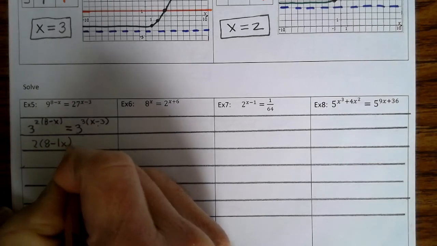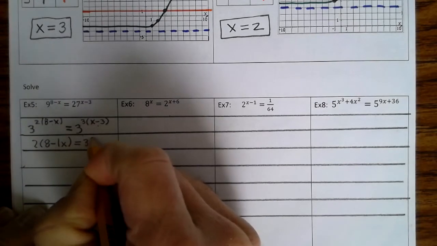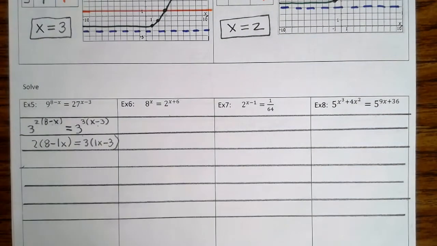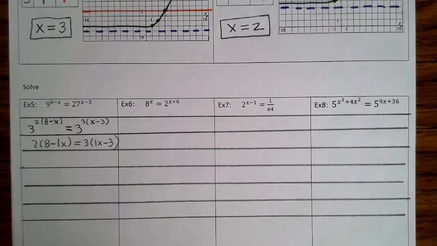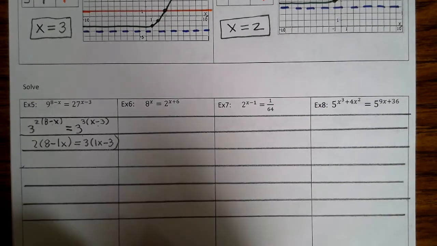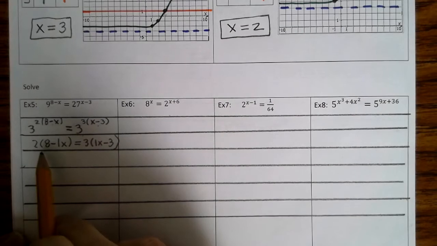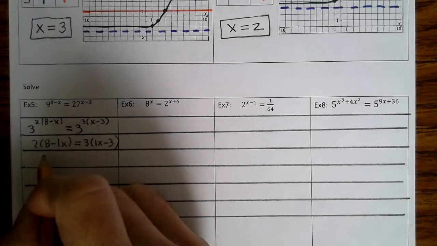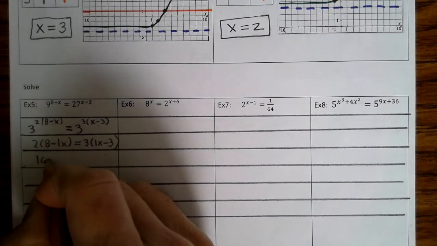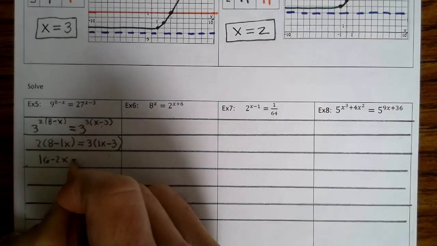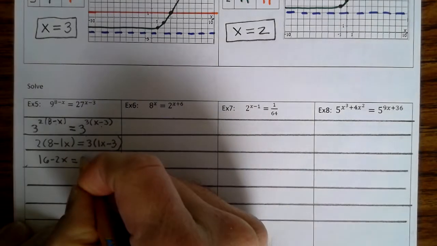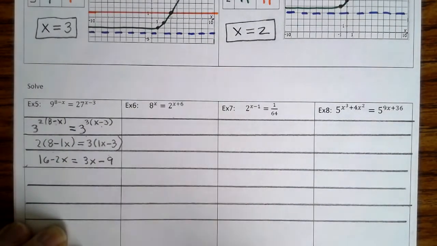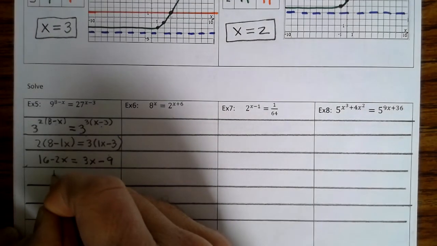Okay, now it looks like we have linear, so we're going to need to simplify and put the x's on the left side, the numbers on the right. So 2 times 8 minus 1x is 16 minus 2x equals 3x minus 9. We're going to add 2x to both sides, and we're going to add 9 to both sides.